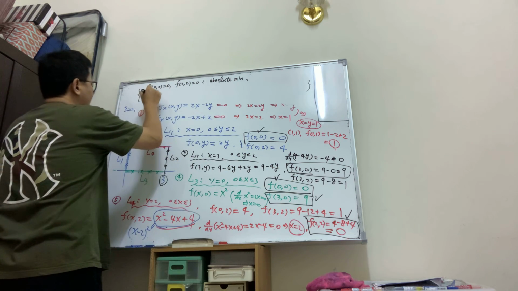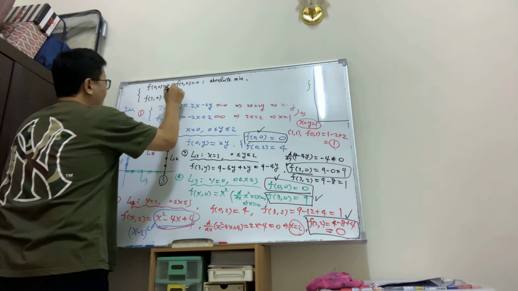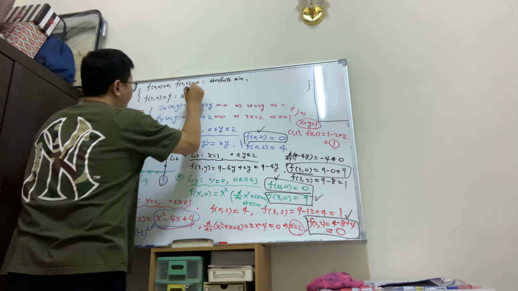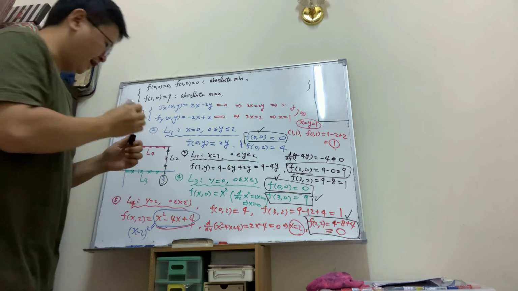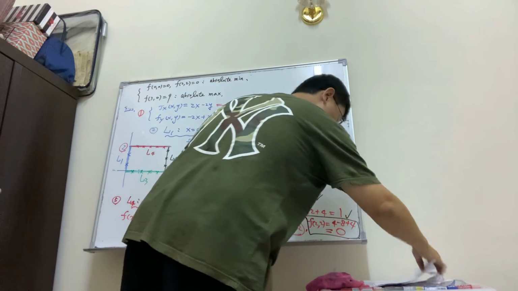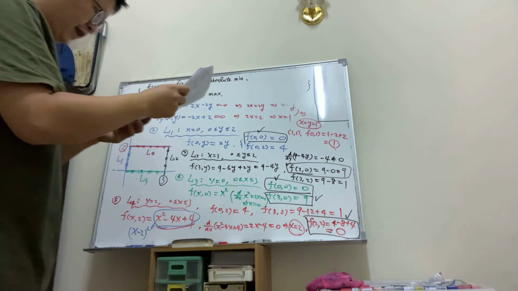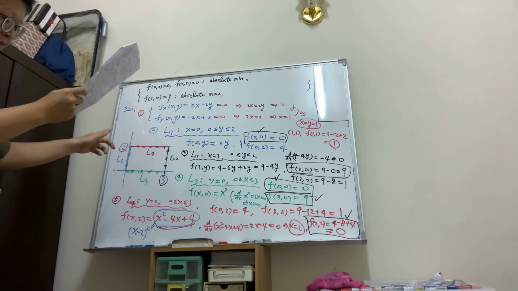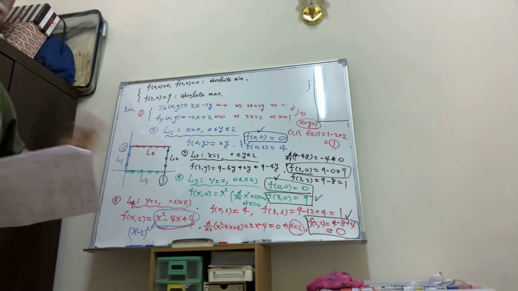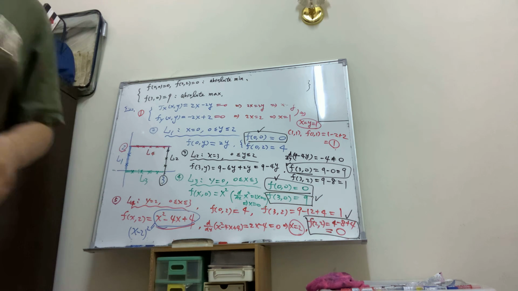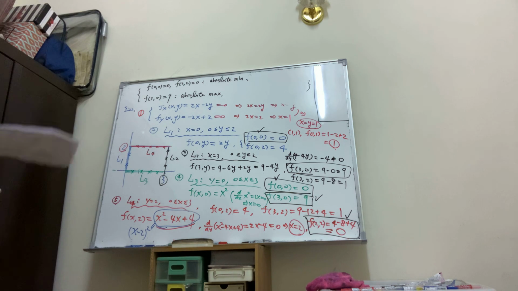So f of 3, 0 is equal to 9, and it's the absolute maximum. Let me check it. Yeah, the absolute maximum is 9, the absolute minimum is 0, and it has two cases. Okay, so that's all the results in section 11.7.